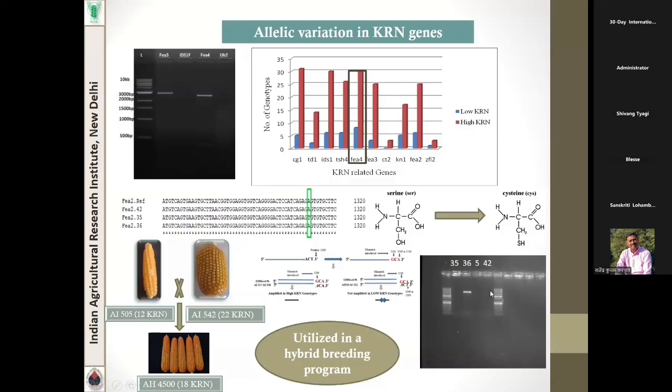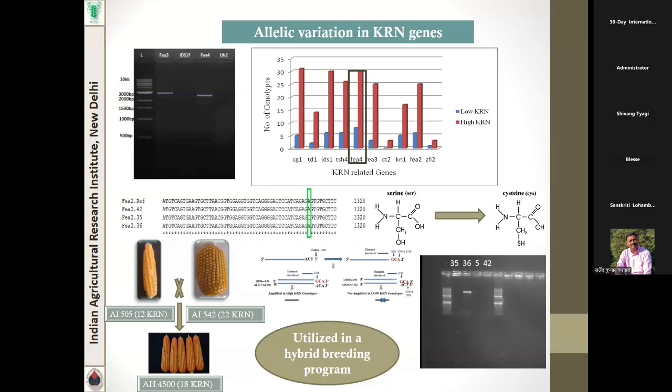In 42 you can see, maybe the visibility was less, but 42 has that particular marker, and 5 does not have that marker. This 5 as well as 35 are low in kernel row number, and 36 and 42 are high kernel row number. So with this, we understood that these genes are also working in our genotypes.